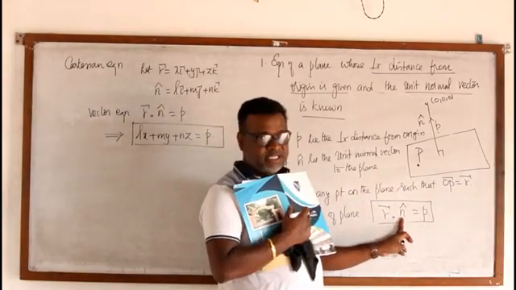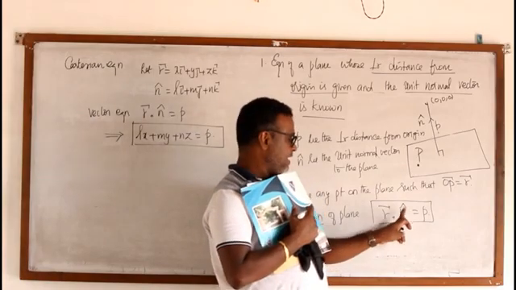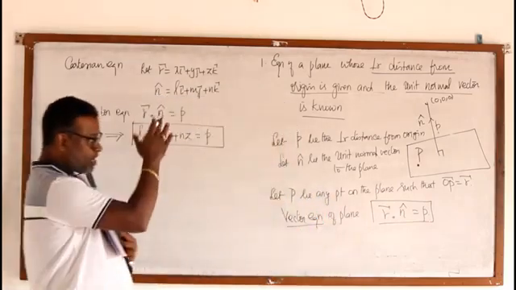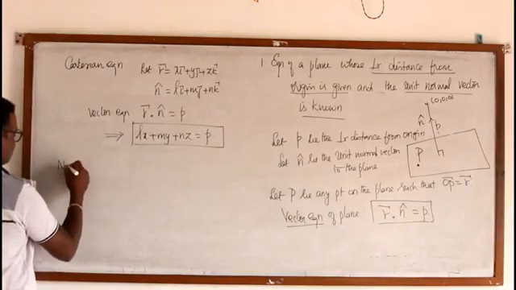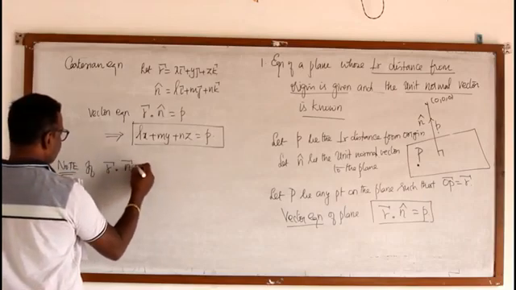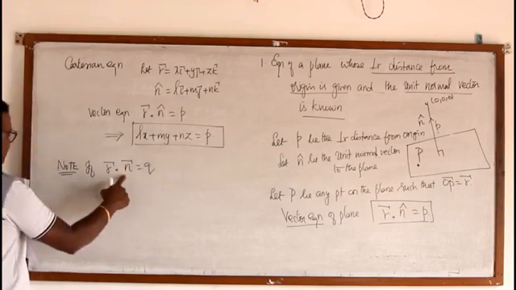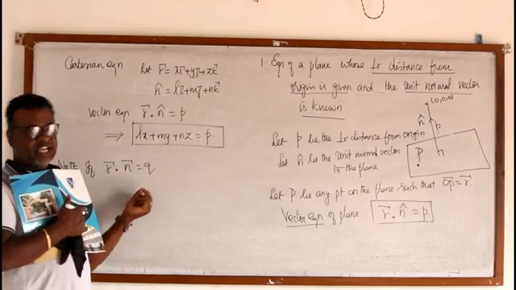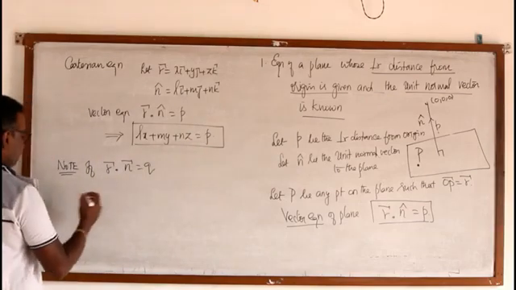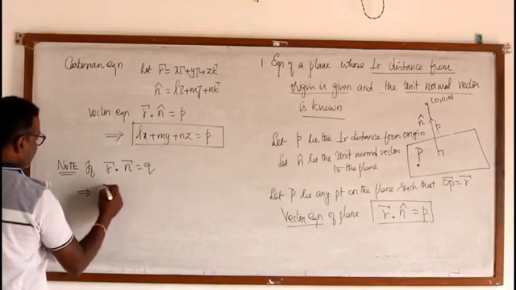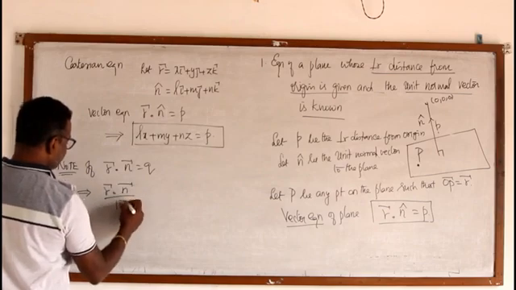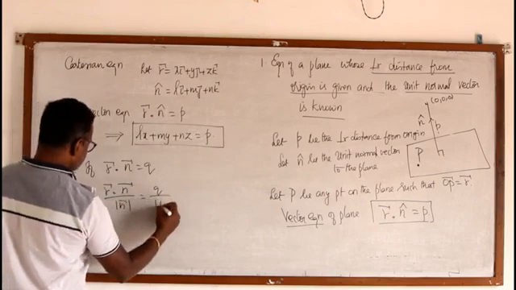This n cap is always the unit normal vector, and p is the perpendicular distance from the origin to the plane. So take it as a note: if r dot n vector equals some other q, n vector is not a unit vector, and therefore q is not the perpendicular distance. Therefore, if I divide n vector by the modulus of n vector, then I must divide on the other side too, isn't it?